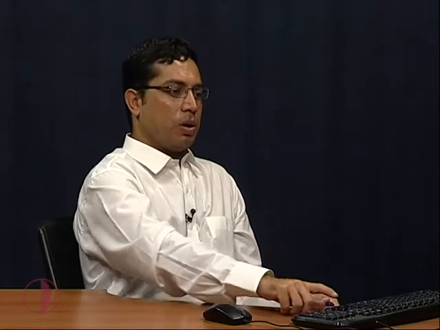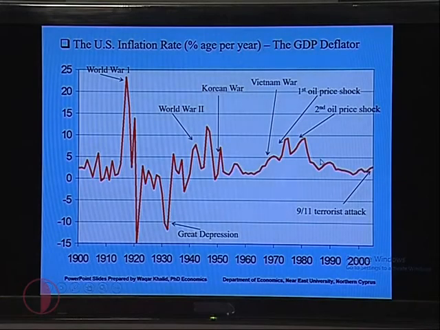Look at the graph for the last 10 years. It is below 5%. The end of the figure lies between 0 and 5. It means that prices have been fairly stable in this time.